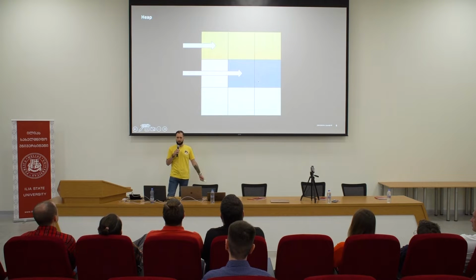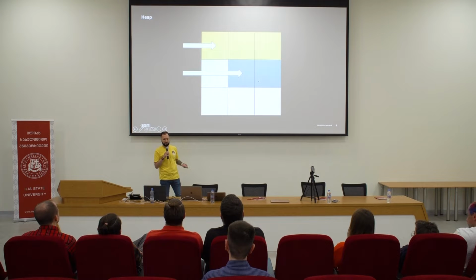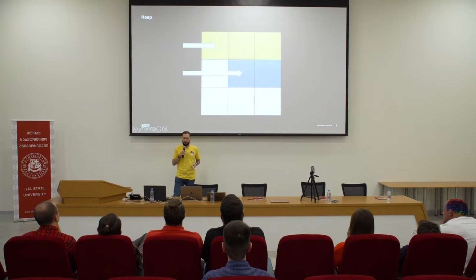It's a very flexible data structure, but as you will see in the future, it has some disadvantages. The only restriction in a heap is its size. You can't put in more things than it can contain. That's all.